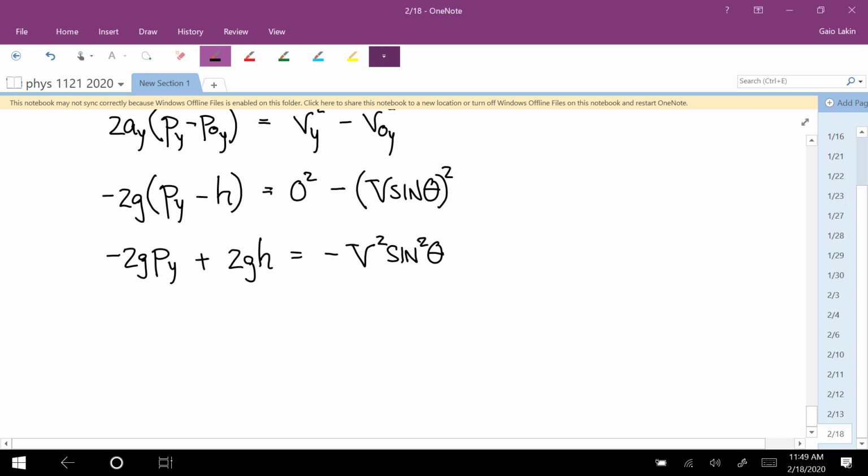We're trying to solve for py, so negative 2g py is equal to negative v squared sine squared theta minus 2gh.